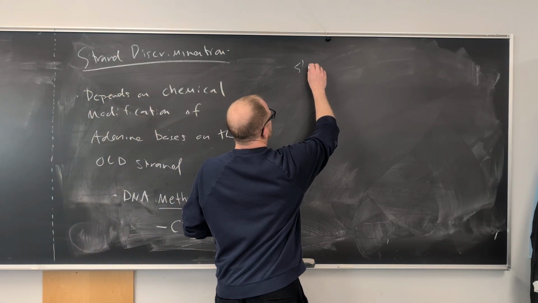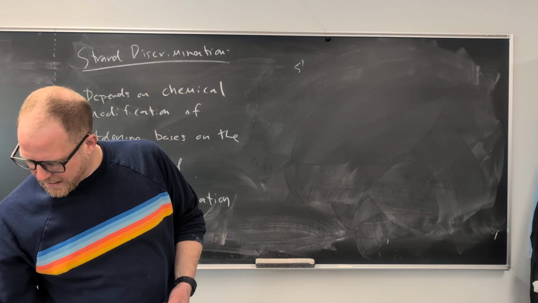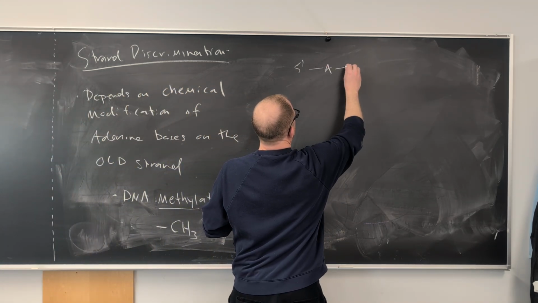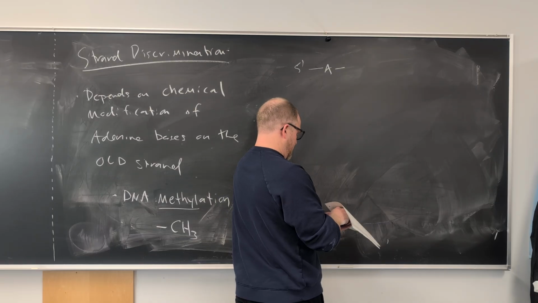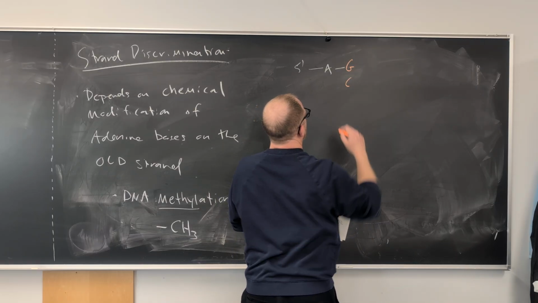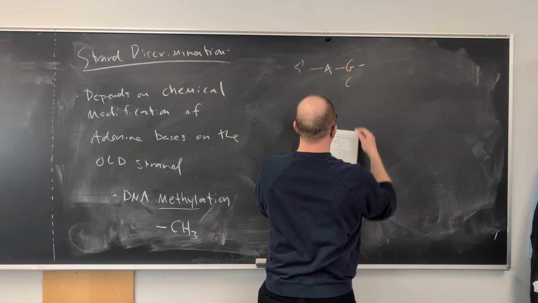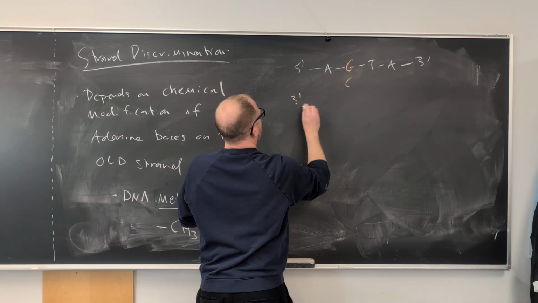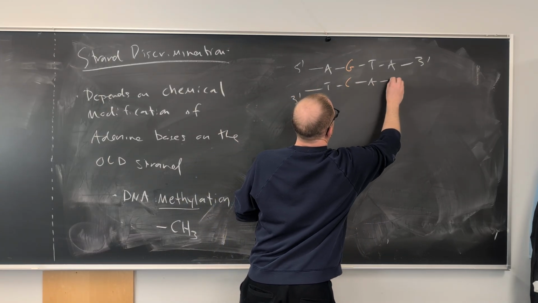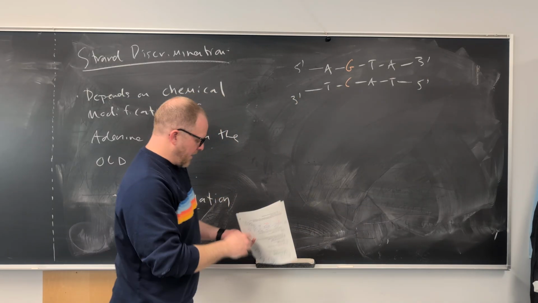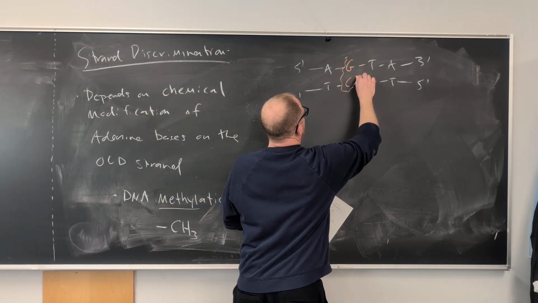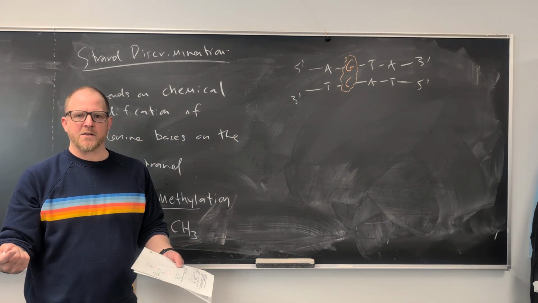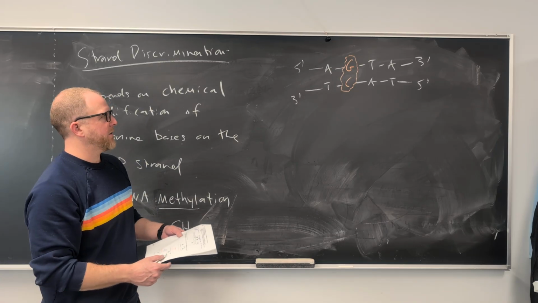So here's our 5' strand up here, and let's say there's an A, and then we get to our G, C, and let's say there's a T and then an A, 3'. And this bottom strand has this sequence. I've added in some A's and then the actual T base pairs to illustrate that there are some adenines in this process as well. And that's going to be the target of this modification.